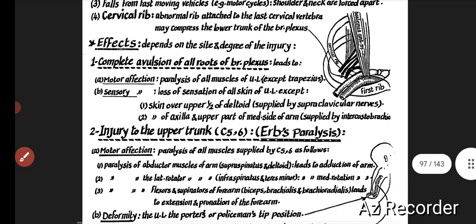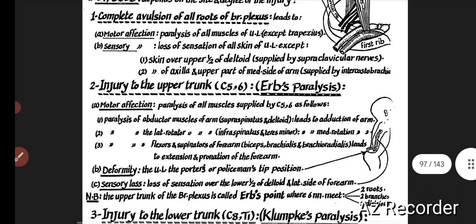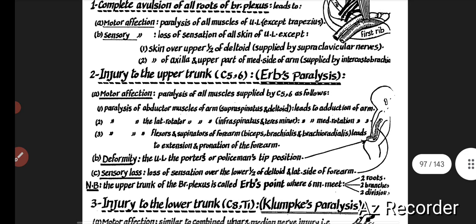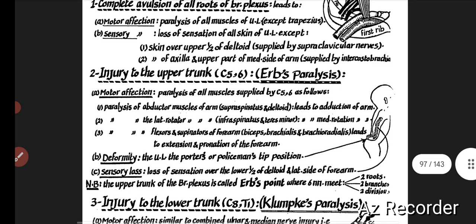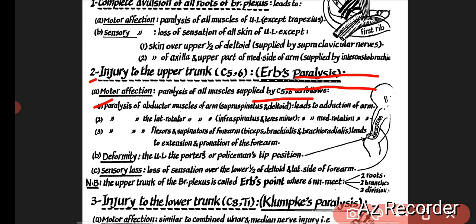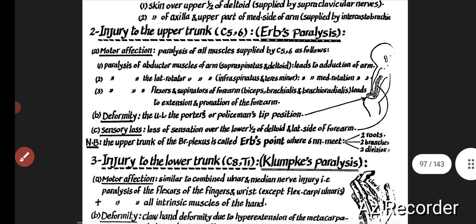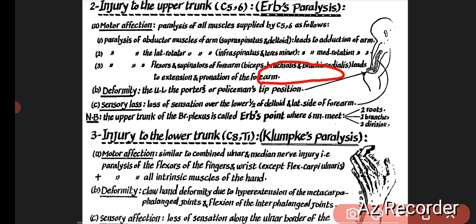Here, the most important part, two questions come. One is Erb's paralysis or Erb's palsy, and number two is the Klumpke's palsy.